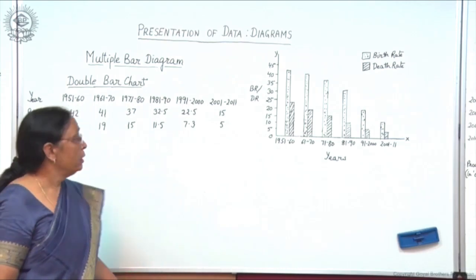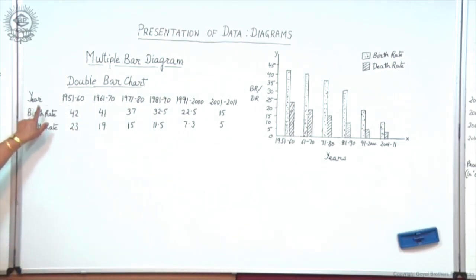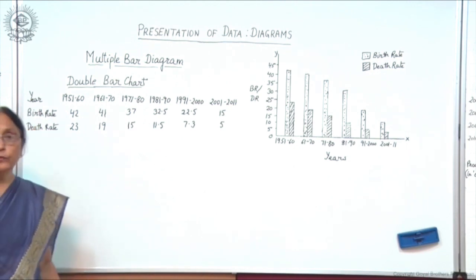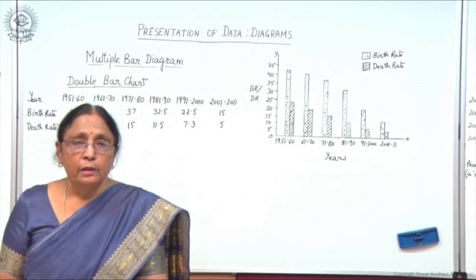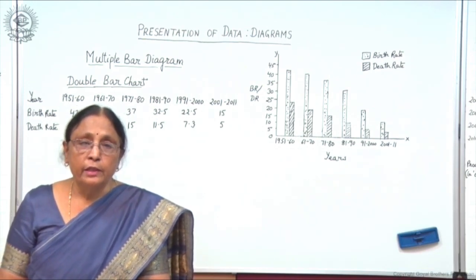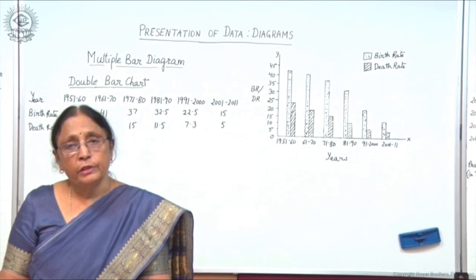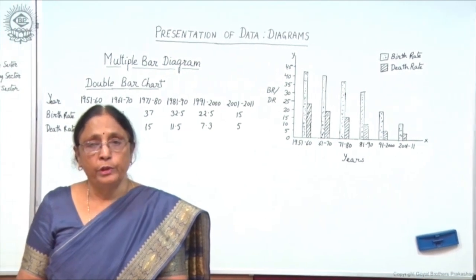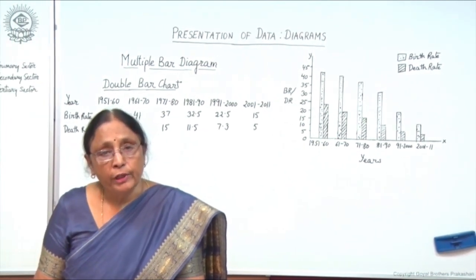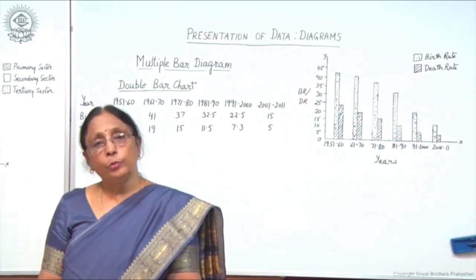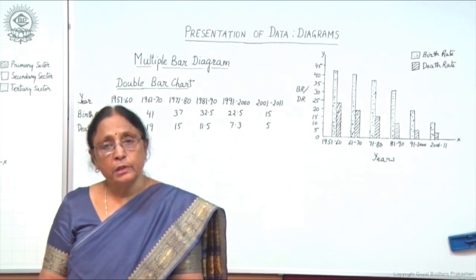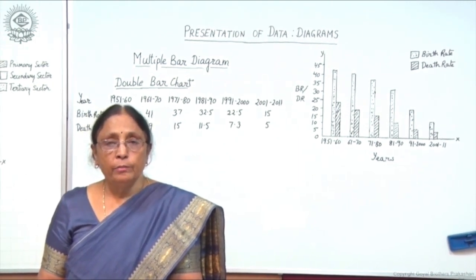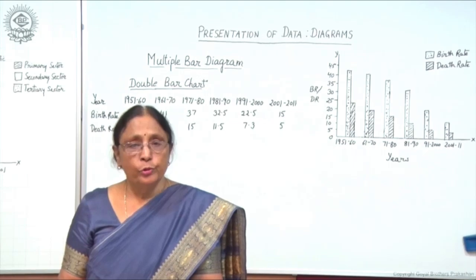For example, if you are comparing the data in a particular year, birth rate and death rate, or any other comparison, like export or import. In which there are 2 variables and you have to make the comparison between them, then double bar diagrams are more suitable.